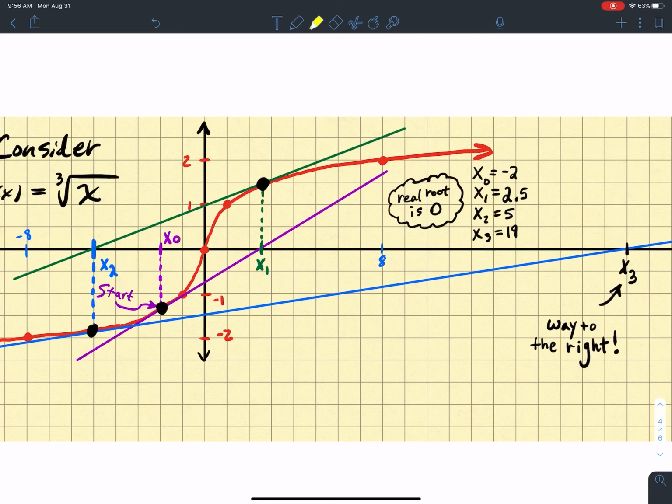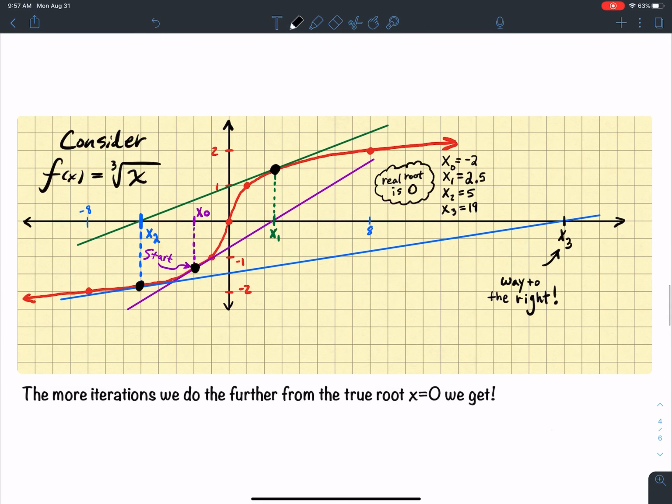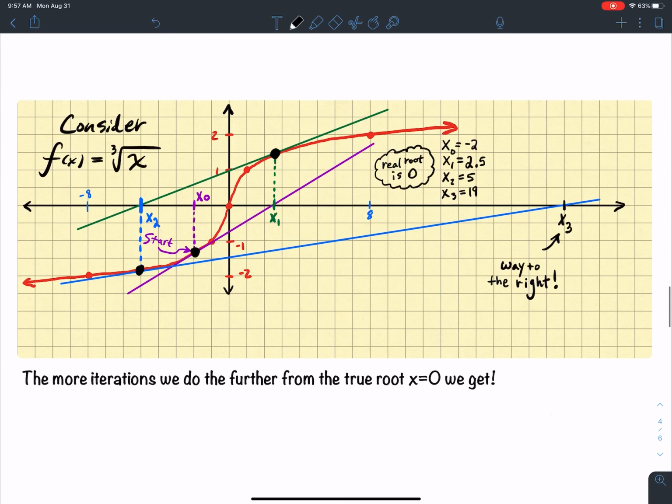So even though the real 0 is at 0, it looks like you're oscillating between negative and positive, and your numbers are not only oscillating positive to negative, but they're also getting larger and larger each iteration. Okay, so that's kind of an issue for us. The more iterations we do, the further we get from the true root of x equal to 0.